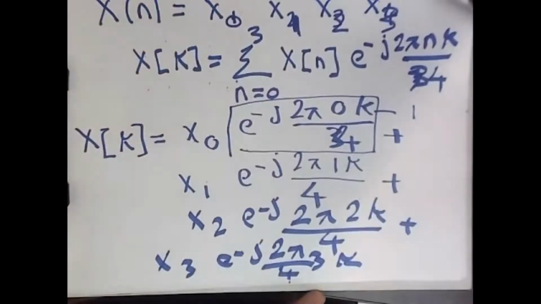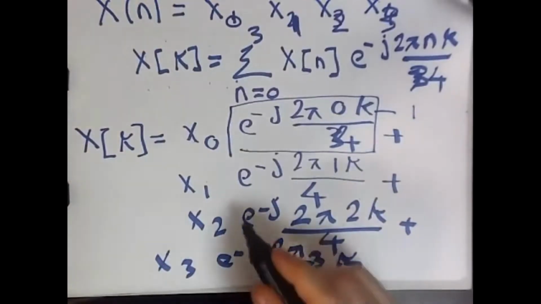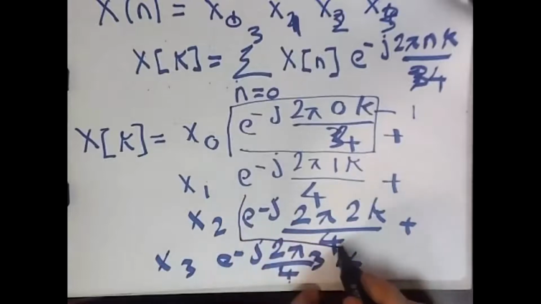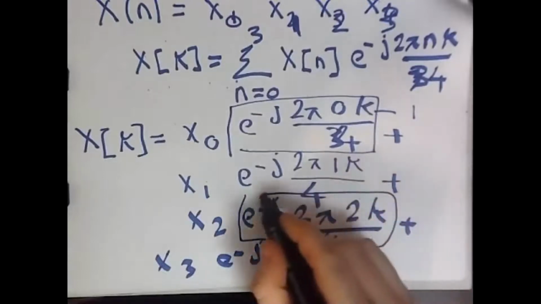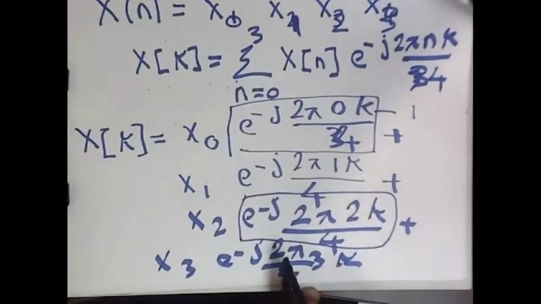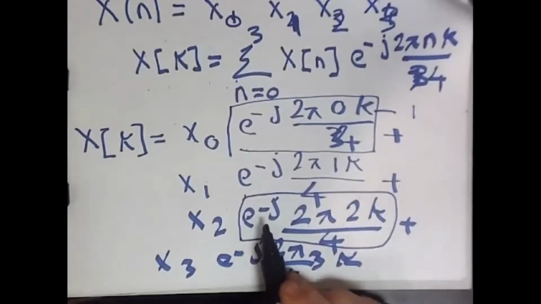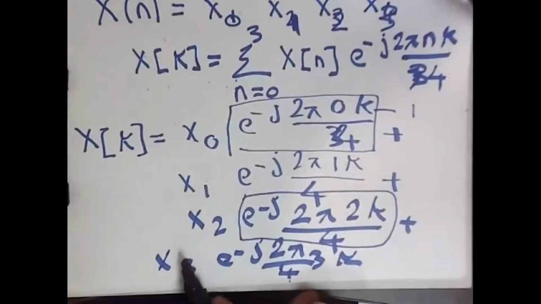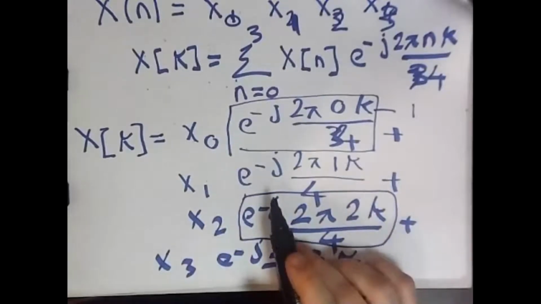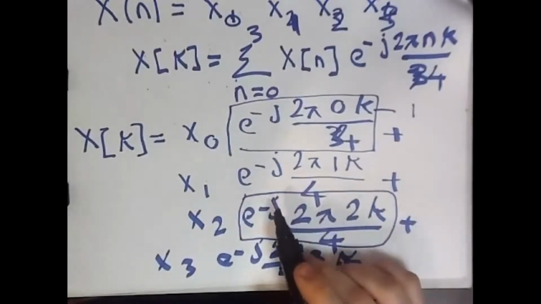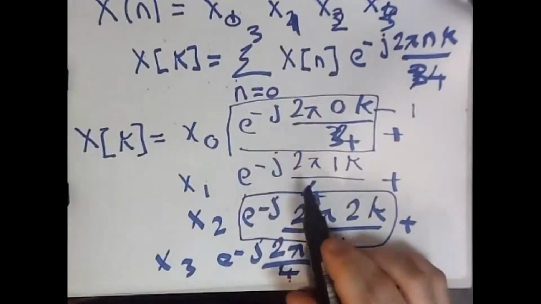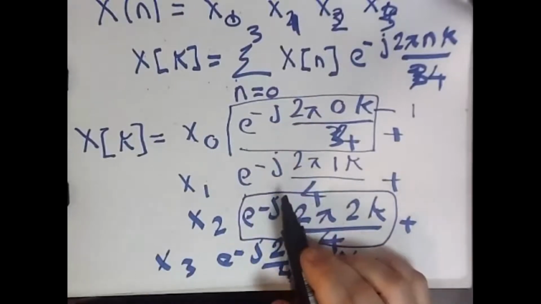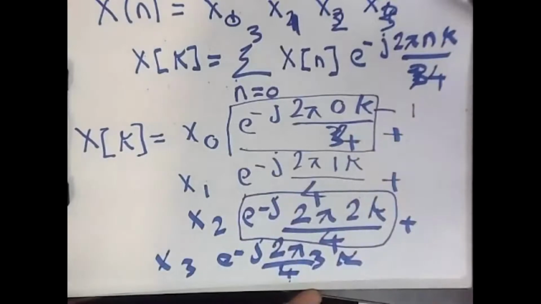And also, let's have a look here. This coefficient is 2 times 2, which equals 4. So this is e power minus j pi k, e power minus j pi k. And this is e power minus j 2 pi k.